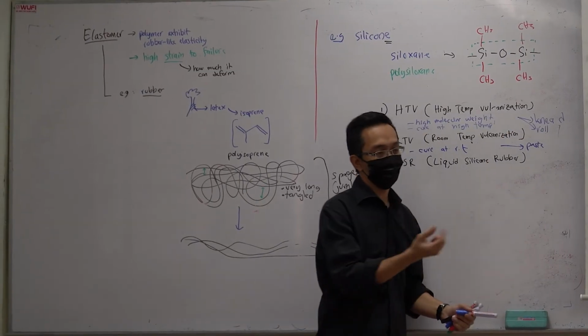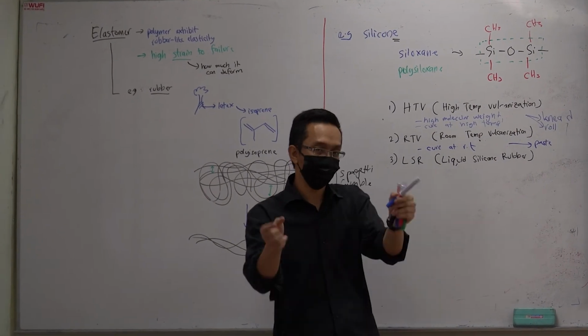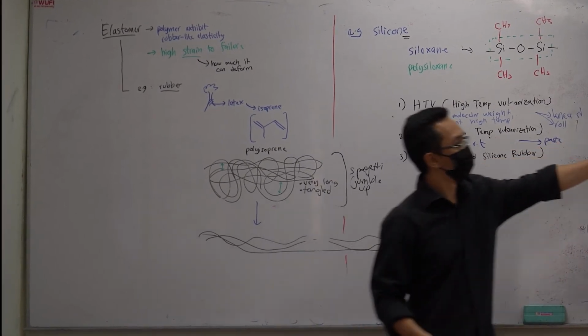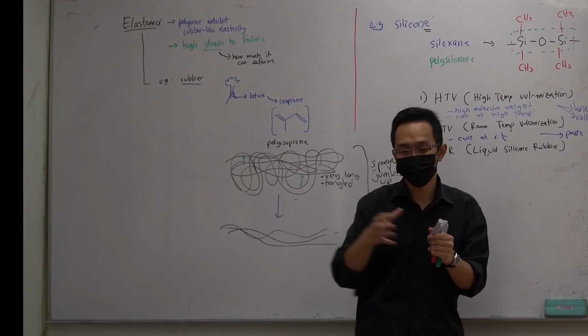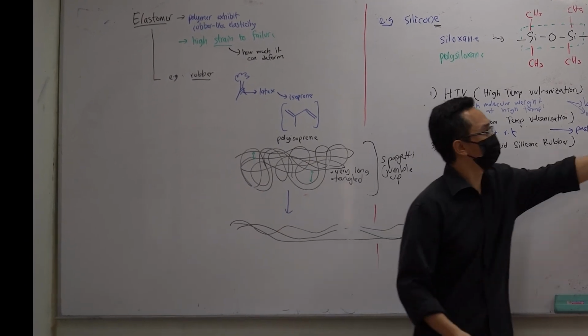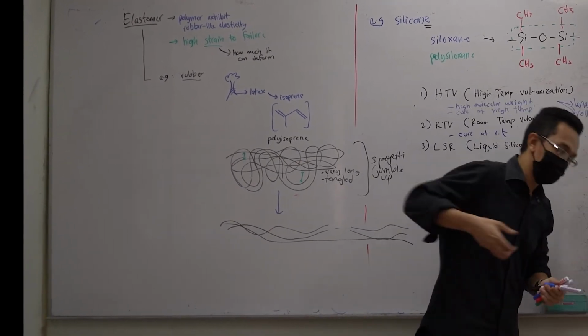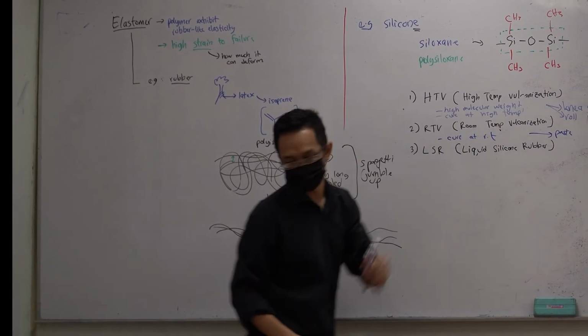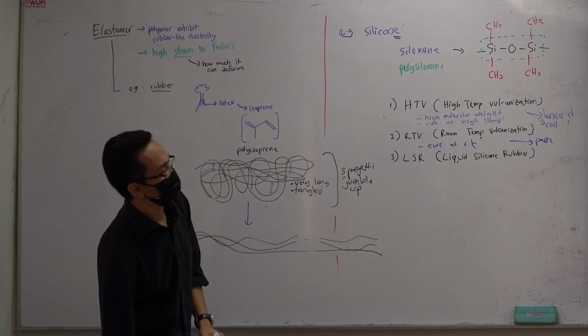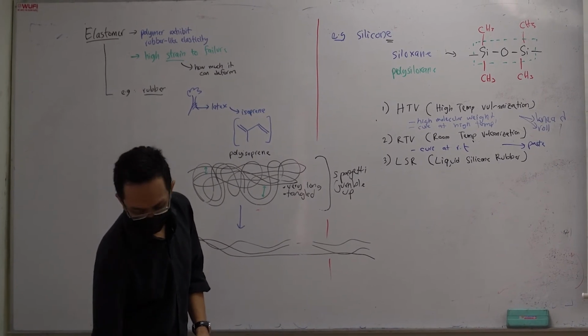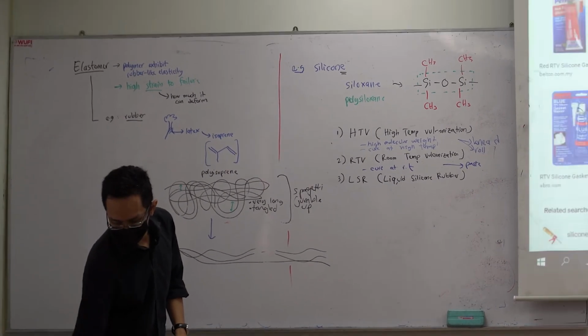It's only one part, because normally epoxy you have 2 parts. This only 1 part, because it's cured at room temperature. It doesn't need other hardener or whatever. You open this, you pour it down, and then you get the silicone itself lah. Okay, so still this is like a paste. RTV silicone paste.